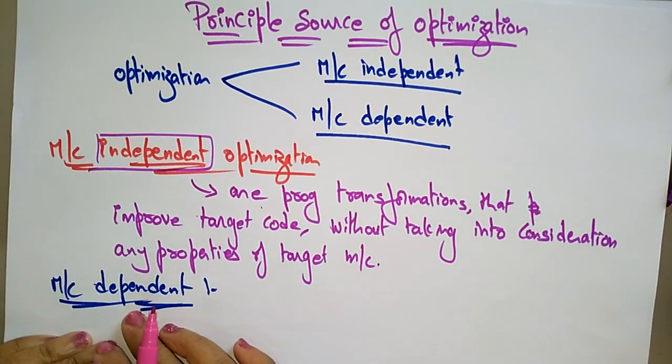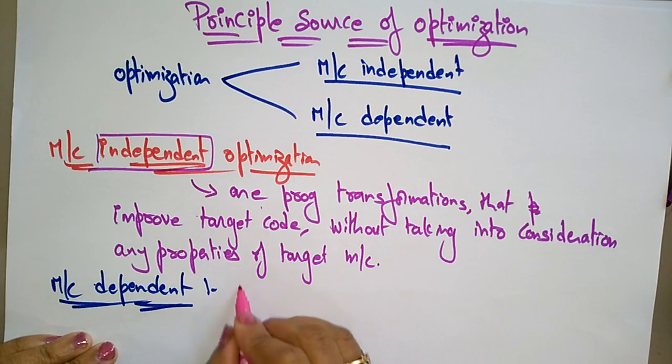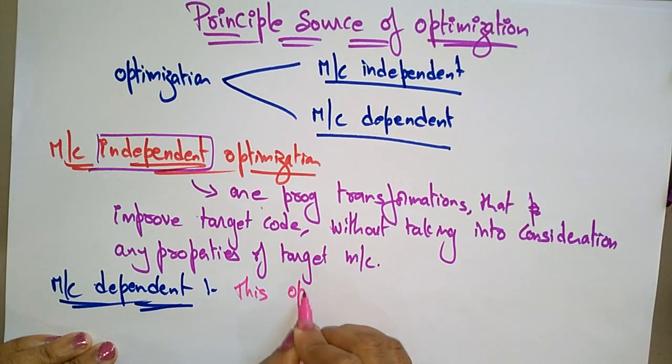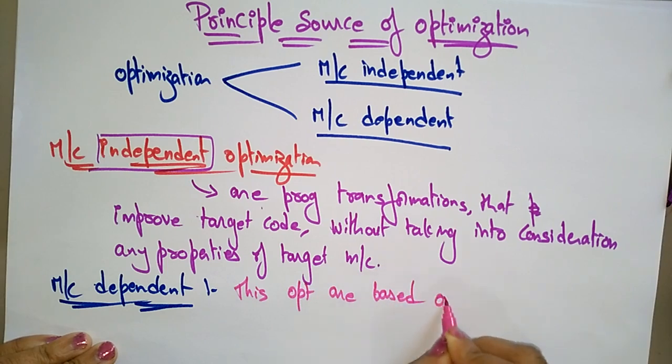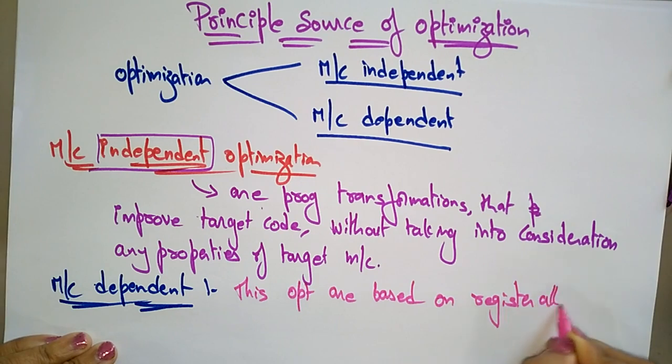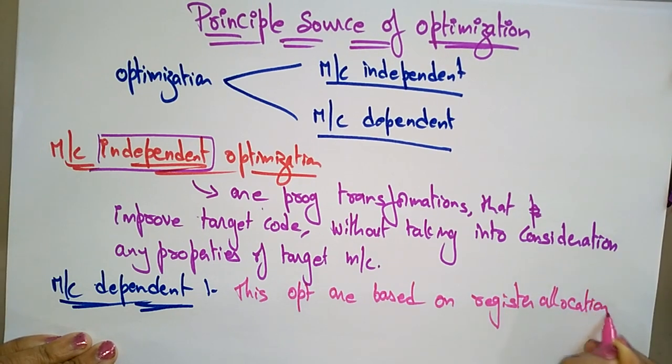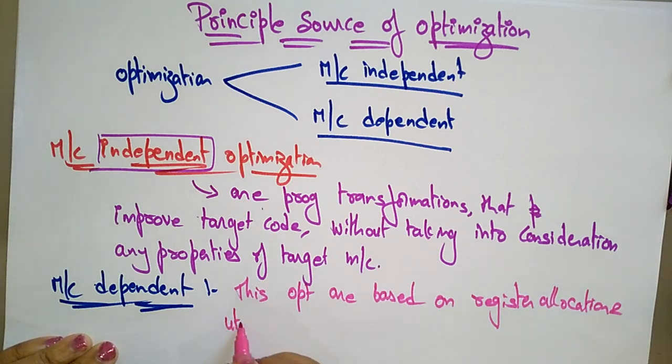If it is dependent, it has to use some components in the memory. So these optimizations are based on register allocation and utilization of special machine instructions.